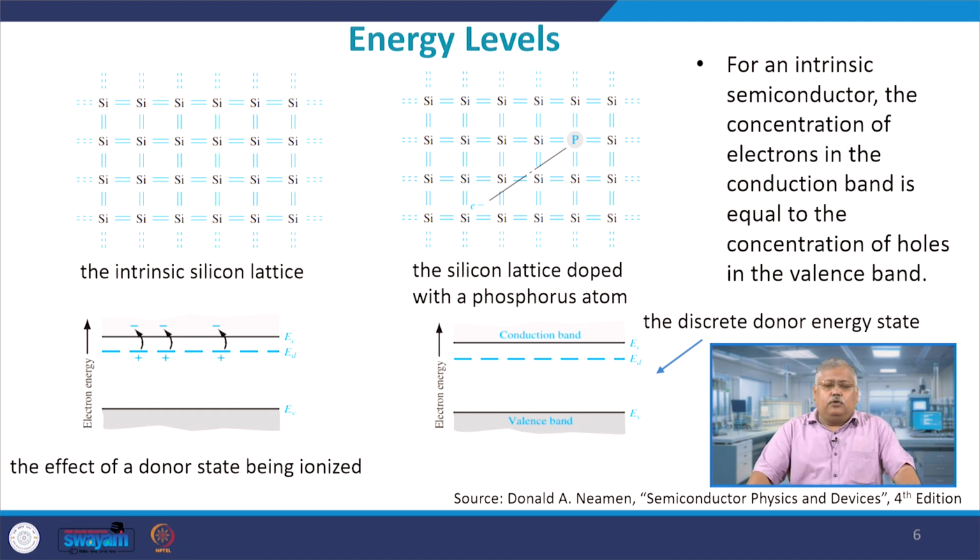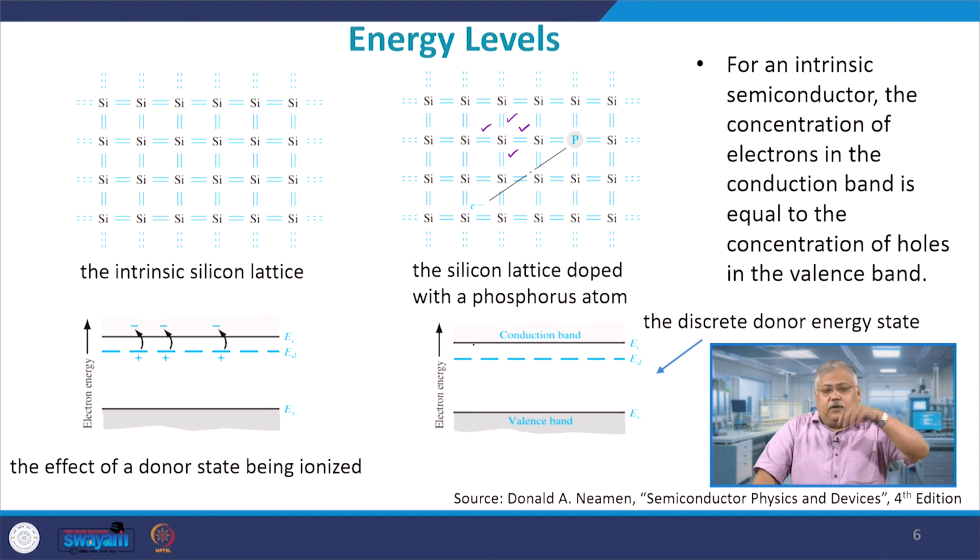Now, silicon is basically a catenated material, which means that each silicon will be surrounded by 4 bonds: 1, 2, 3, 4 bonds. So, silicon is a group 4 element and this 4 bonding will be there.